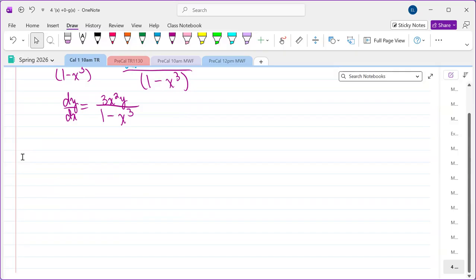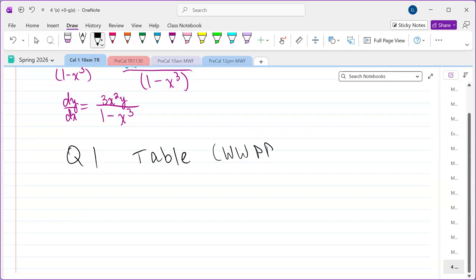So the first question is going to be that table question, which was, yeah, web work practice problems, question 4. Question 2 and question 3 are just going to be various derivatives. So there should be probably 5 of them.